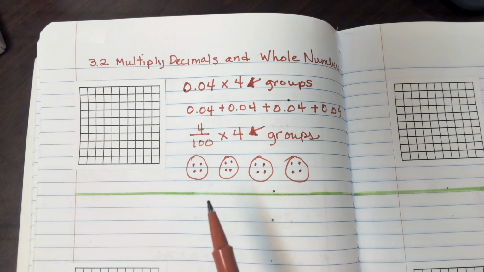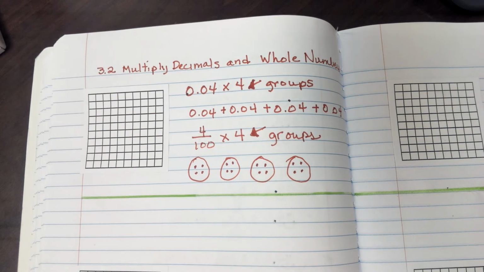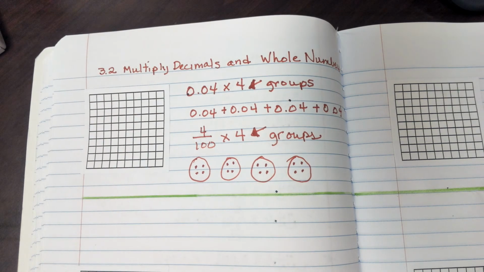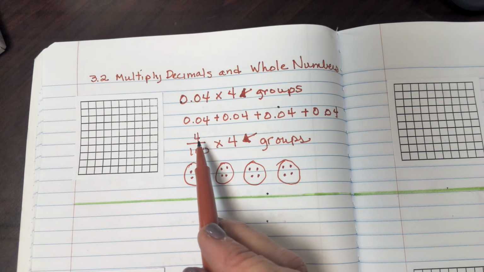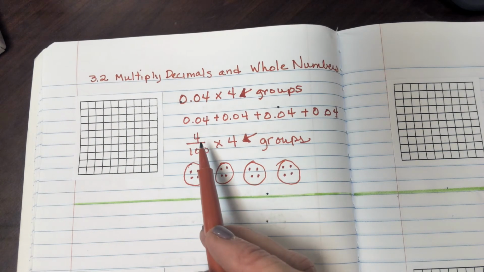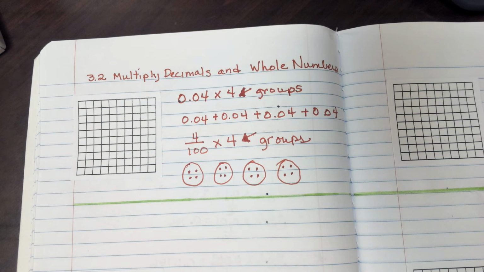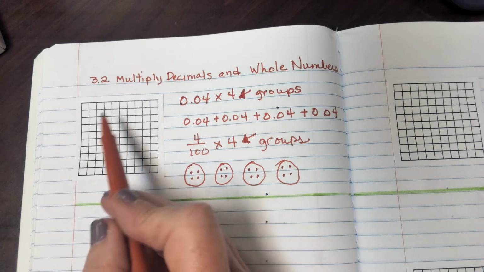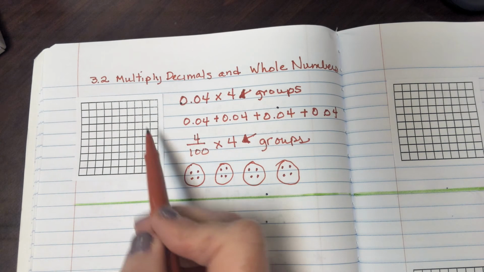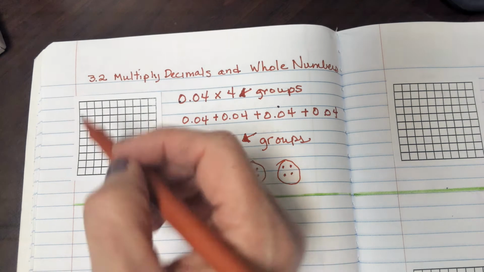Okay? Now, in order to use our hundredths grids, the number tells me how many I am going to shade. So before I glue this into my INB, I'm going to shade in my hundredths grid.